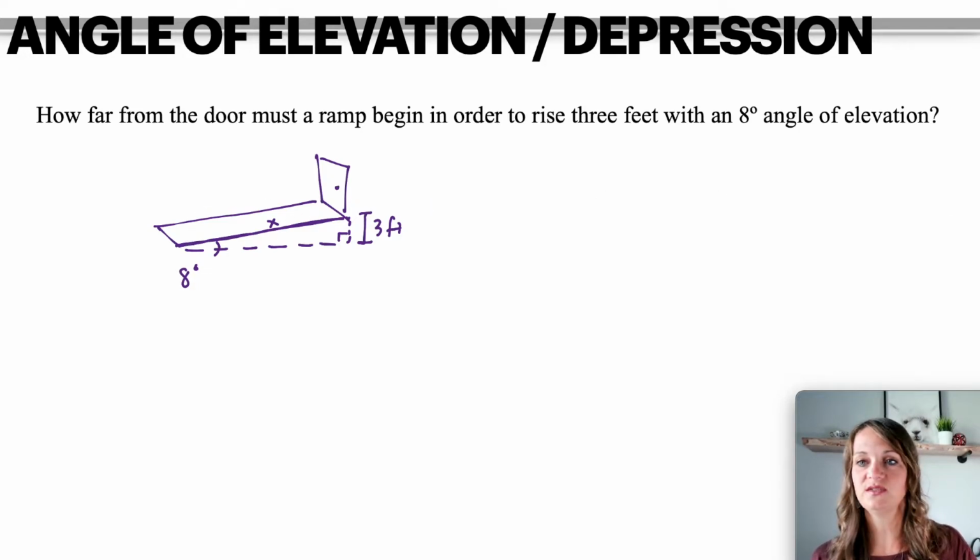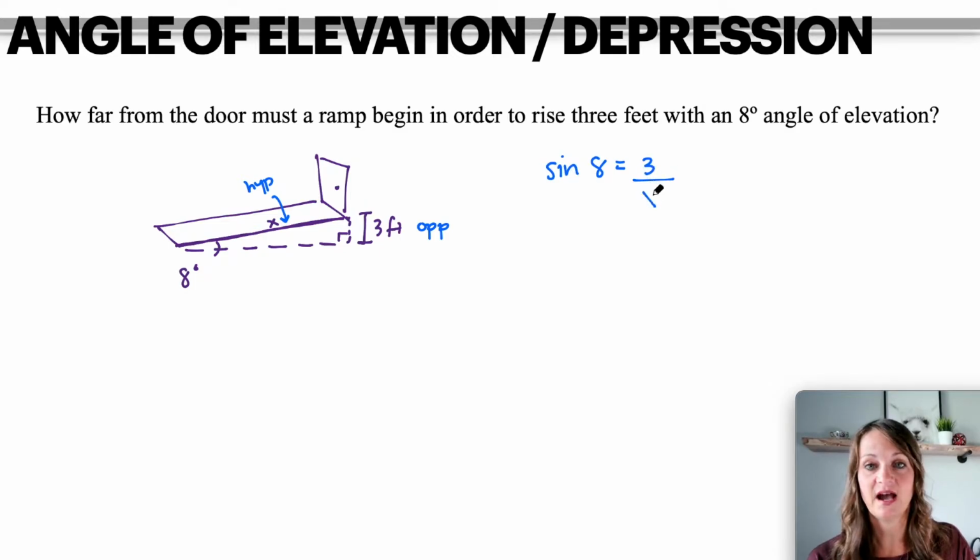So according to this angle, we have our opposite side because it's opposite of the angle, and we have our hypotenuse because it is opposite of the right angle. So O and H represent sine. So the sine of our degree, which is 8, equals the opposite divided by the hypotenuse. We have our variable that is in the denominator. And so the trick in order to get it out is it is going to switch places with the other side.